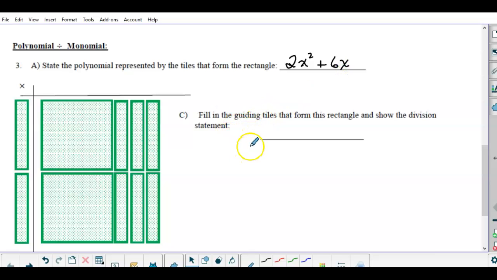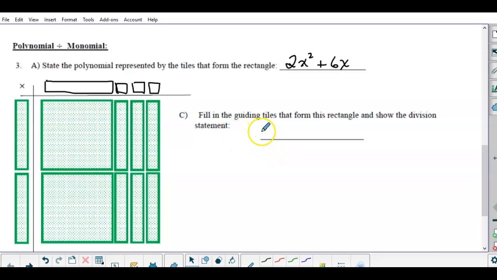Then it says fill in the guiding tiles that form this rectangle and show the division statement. Here the guiding tiles, I'm just going to do it in black, and because this is the side length, it's just 1 unit for each of these. I apologize for my non-squares, but I'm just using my mouse right now. That would be our quotient.